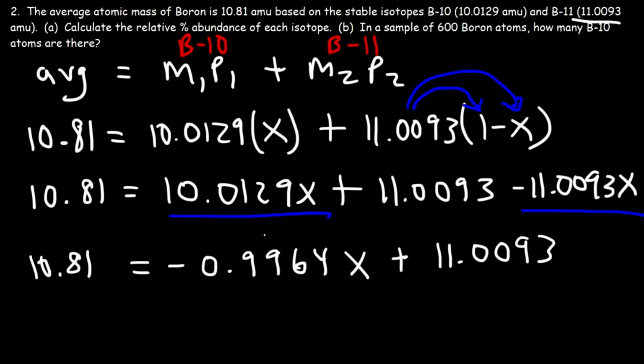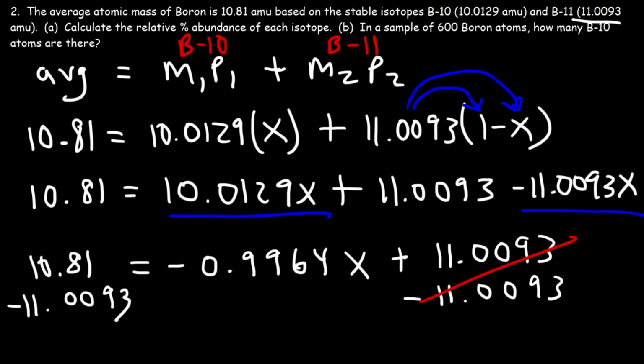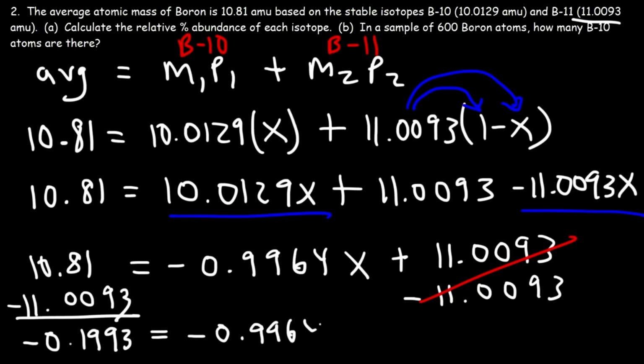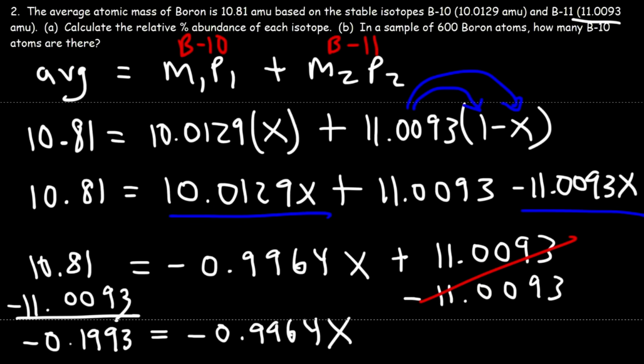Now our next step is to subtract both sides by 11.0093. So on the right side, this is going to disappear. So this is going to be, let's see, 10.81 minus that number is negative 0.1993, and so that's equal to negative 0.9964x.